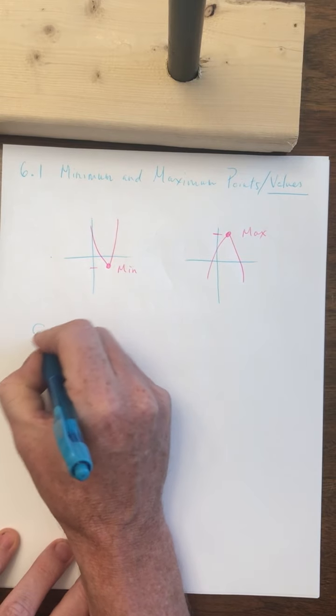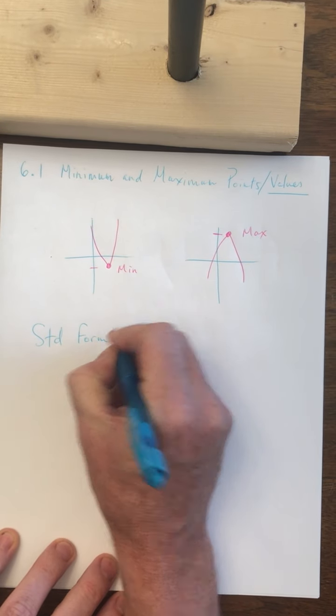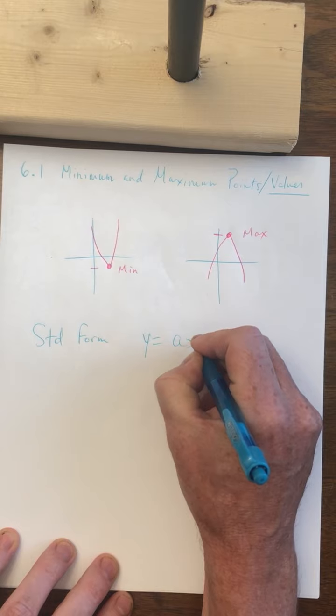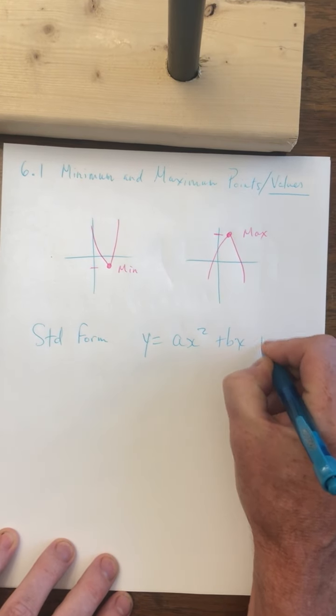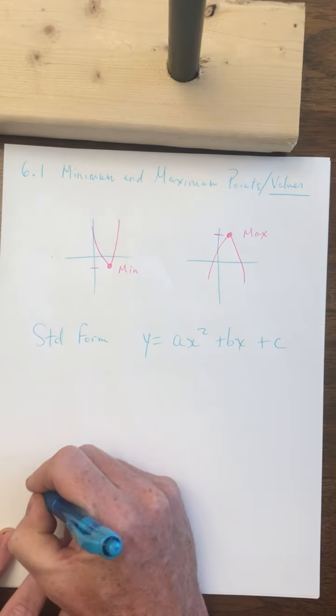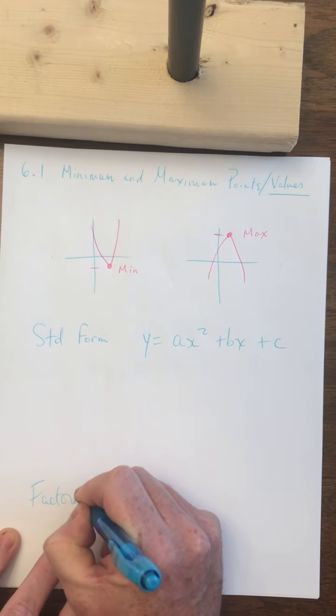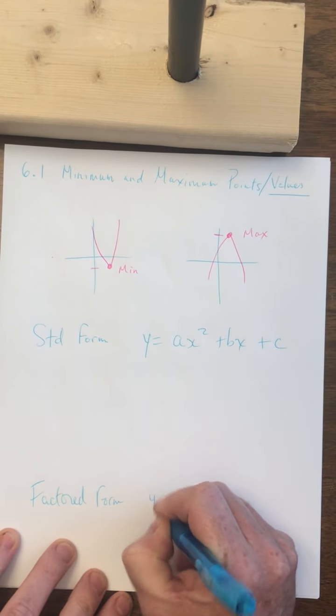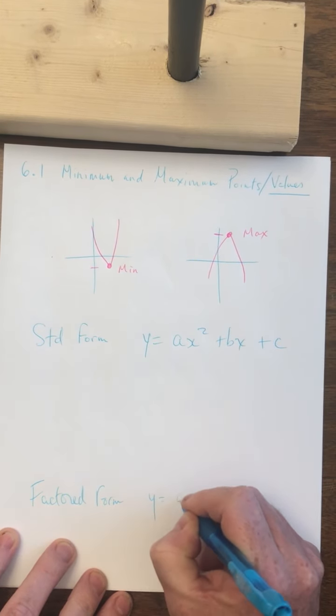So just as a reminder, standard form is y equals ax squared plus bx plus c. We have factored form, which we just spent a lot of time on, which is y equals a(x minus r)(x minus s). And in our last unit, we spent a lot of time factoring, going from standard form to factored form. What we're going to do today is learn how to go from standard form to vertex form.